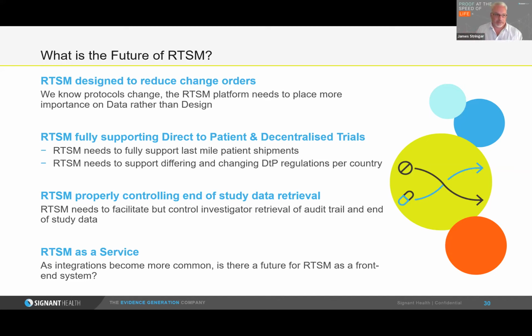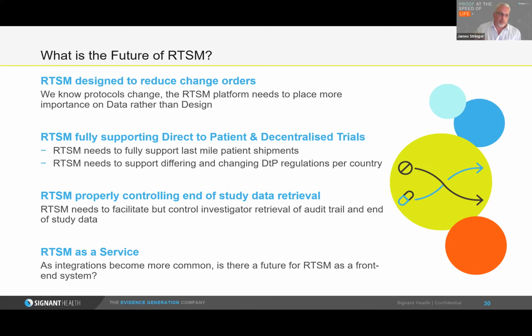So we want an RTSM that features that, and Signant is well on the way to delivering that. We know as well that RTSM data is becoming more important, and the regulators are starting to pay attention to the need to get that RTSM data in the hands of the investigator at the end of the study.